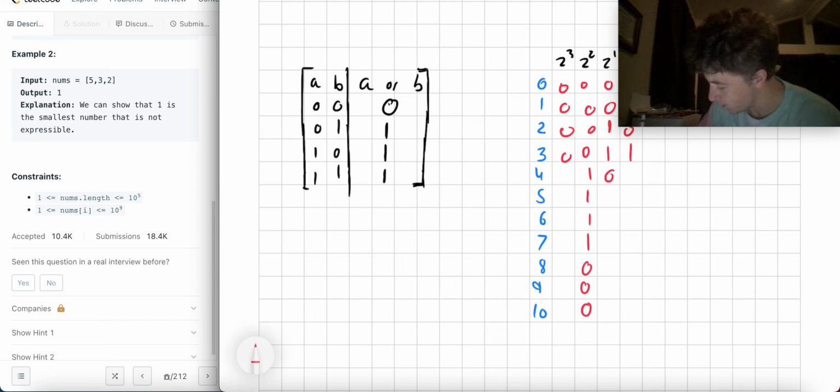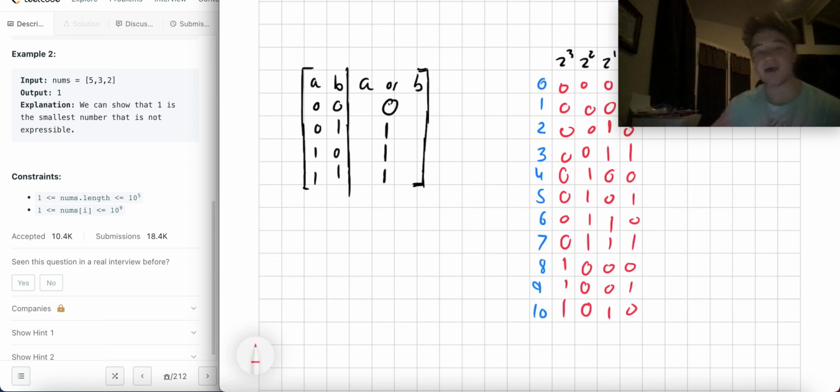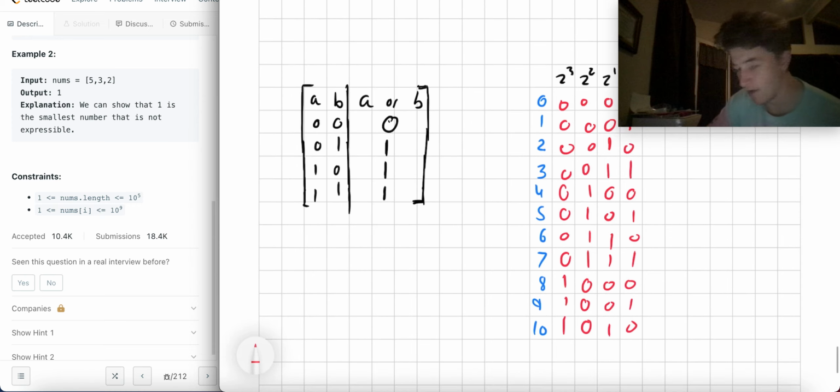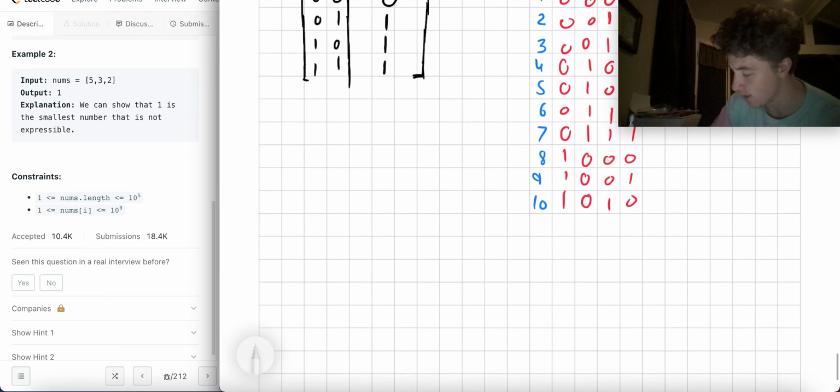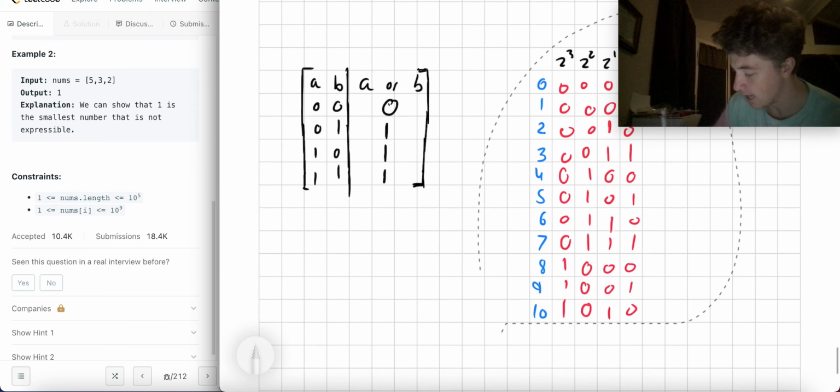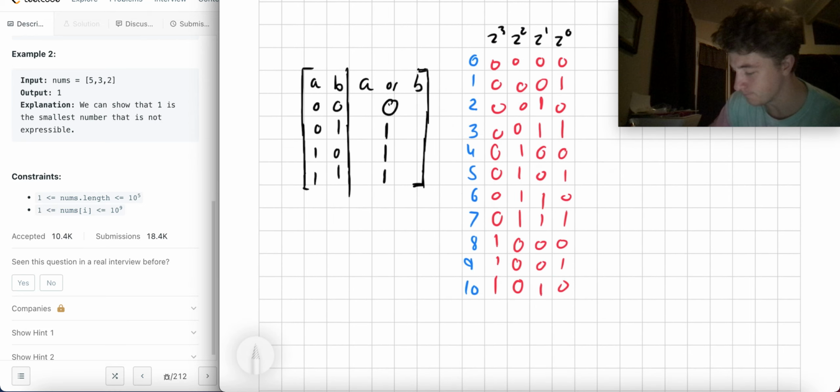Sorry, I'm just remembering how to do this. Okay, so this is the binary representation of these integers in the range from 0 to 10. I just selected 0 to 10 arbitrarily because I'm trying to make a point about how this is supposed to work, okay?